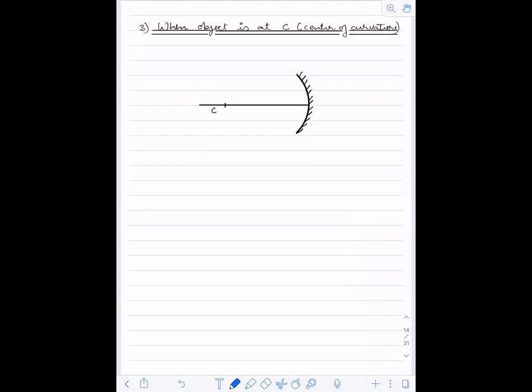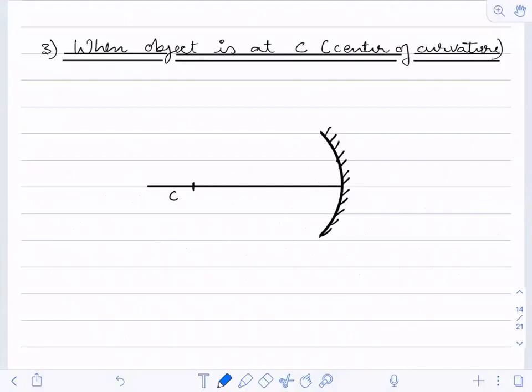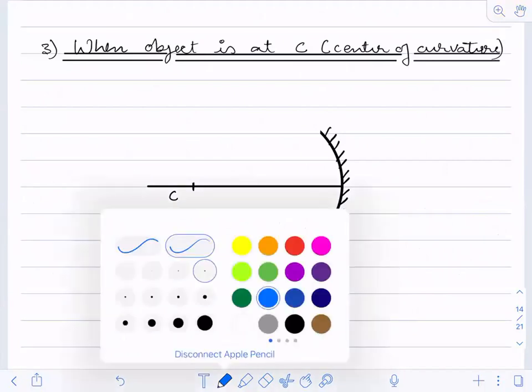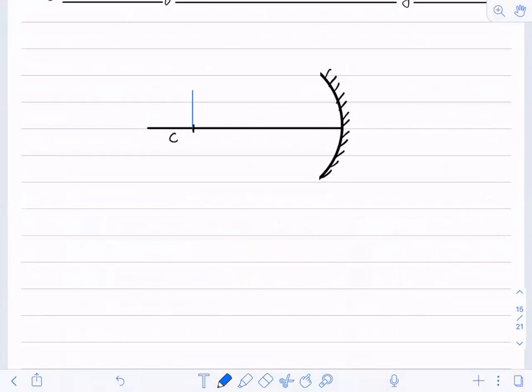Now you will be able to see clearly. Now the object is kept vertically like this. We have to form the image of this.